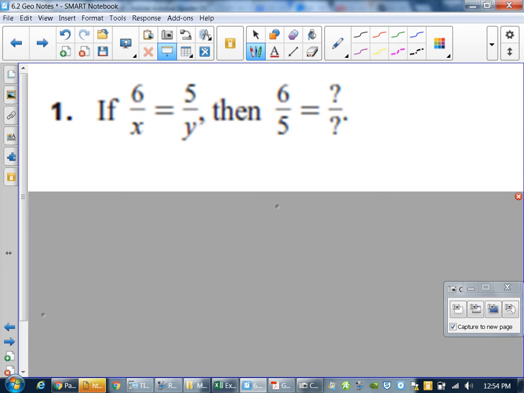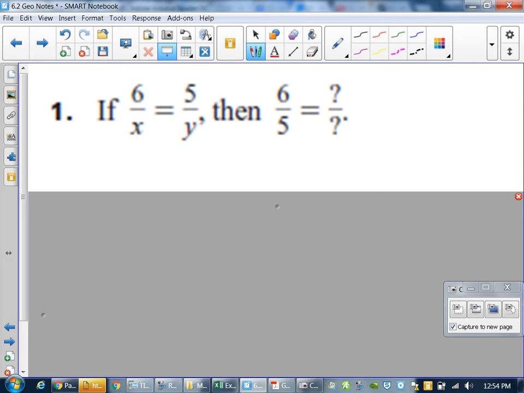The second one then says, well, 6 over 5 has to equal what over what? What did they do? They moved to 5, so where did the x go? So what's underneath the x then? So if 6 over x is 5 over y, then 6 over 5 is? That's all it is. They exchanged it on the diagonal.